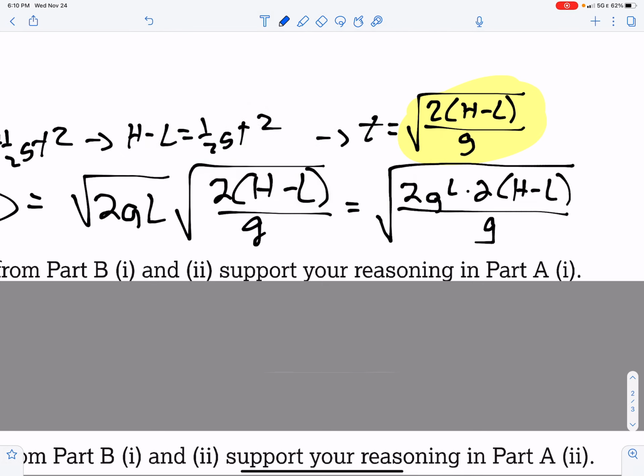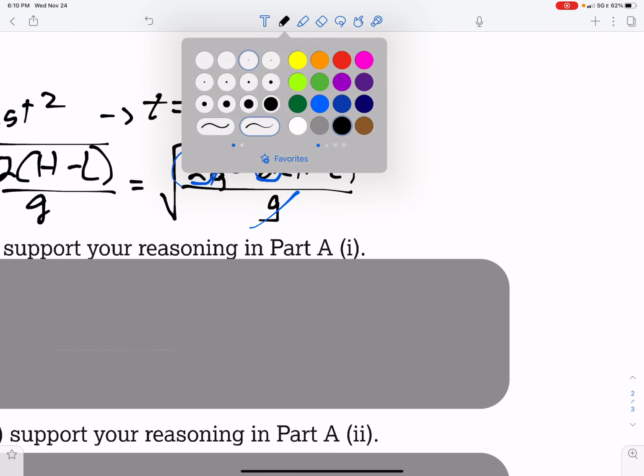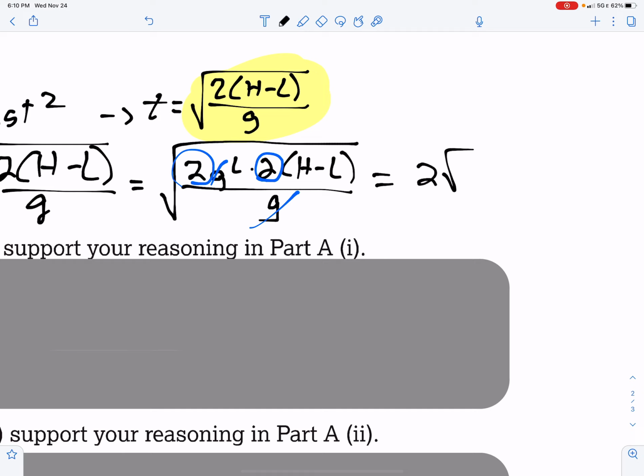And you see the g's end up canceling, and this is equal to 4, the square root of which is 2. So this is equal to 2 times the square root of L times the quantity h minus L.